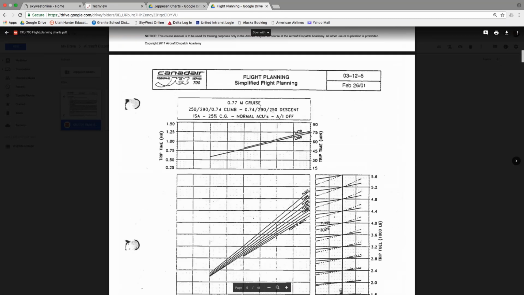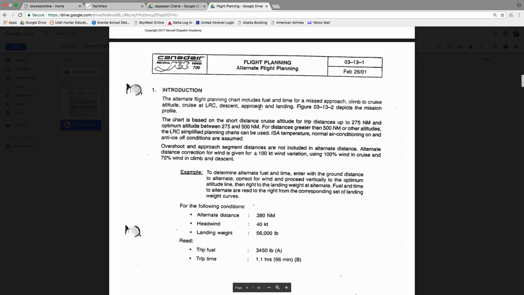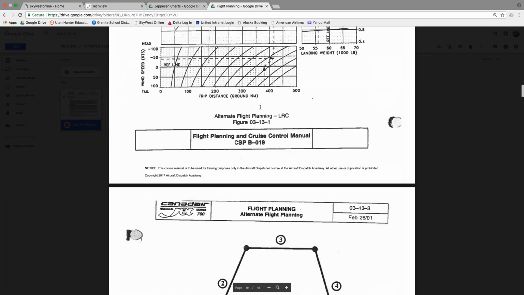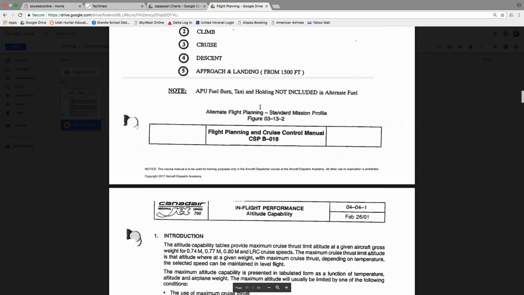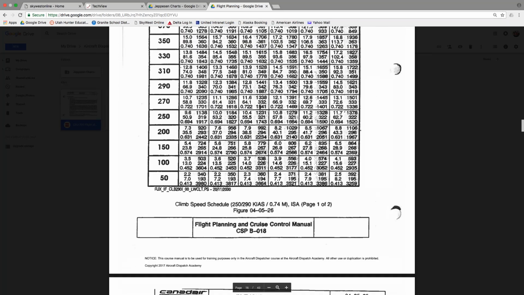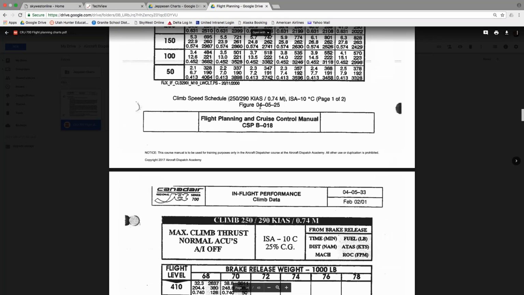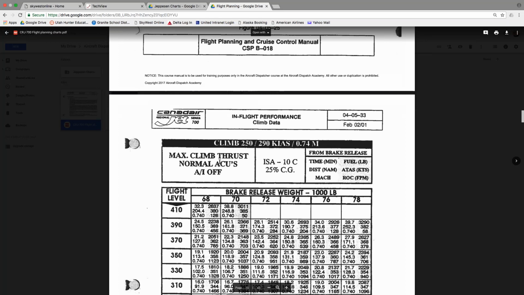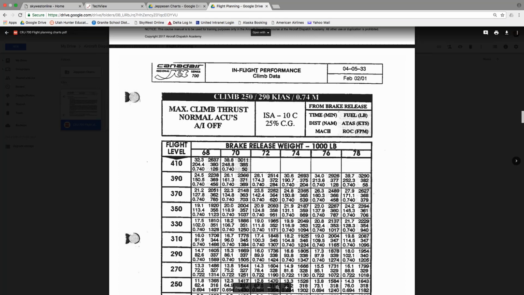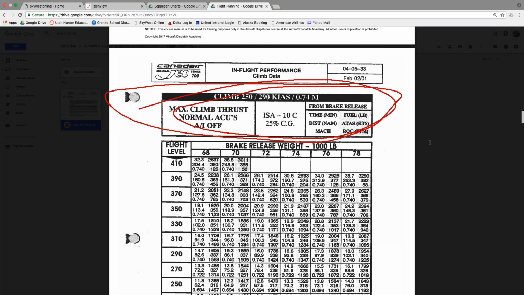And for that, we go into our climb charts. Okay. Remember, it says in-flight performance climb data, climb right here. Everybody see that? So we're looking at this box here.